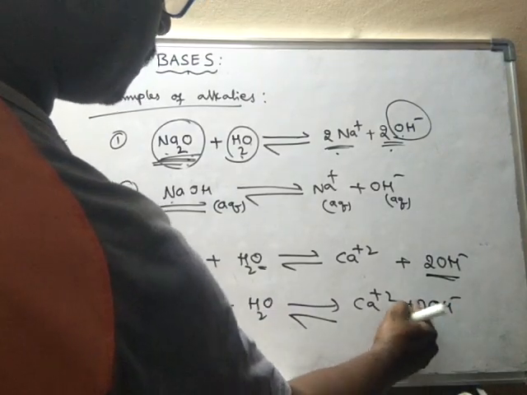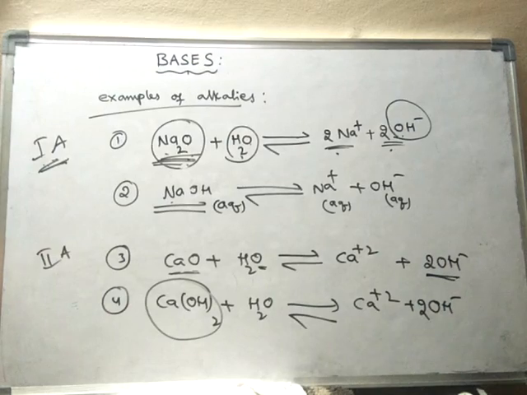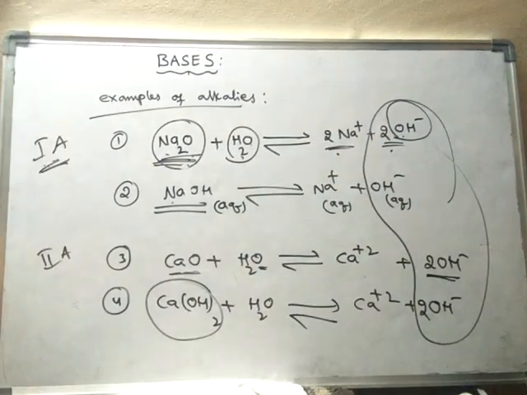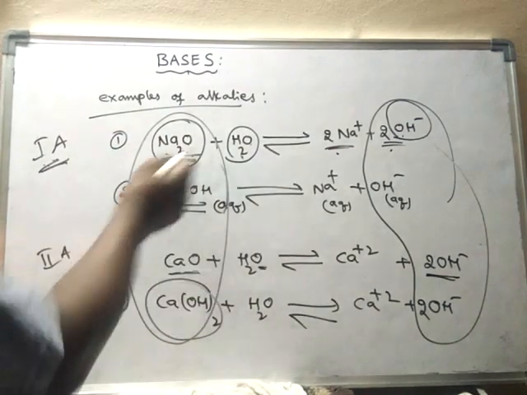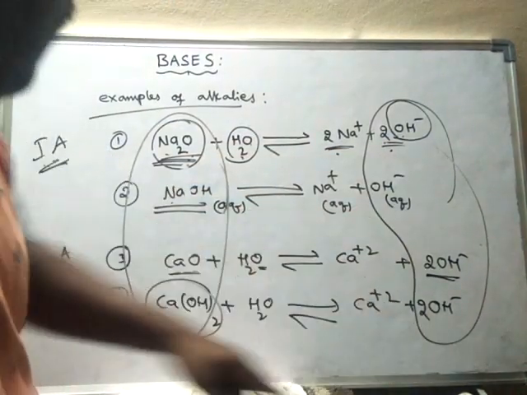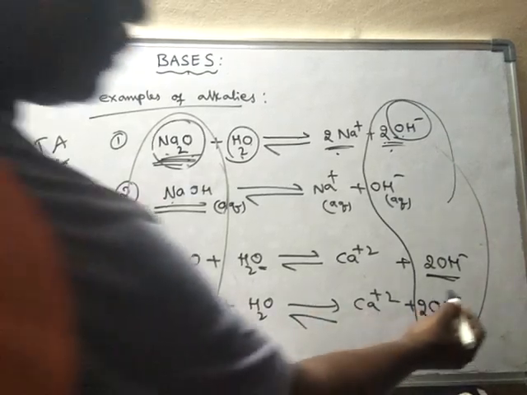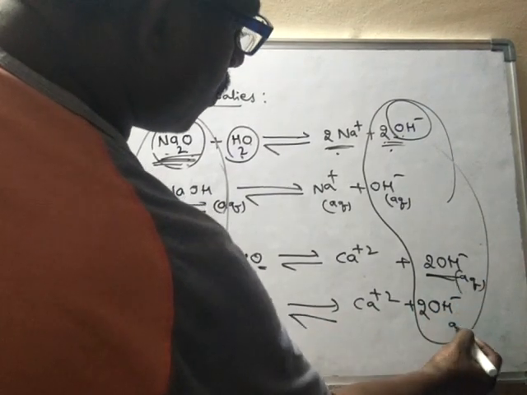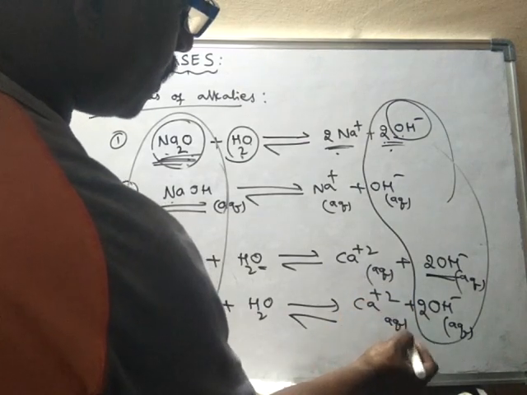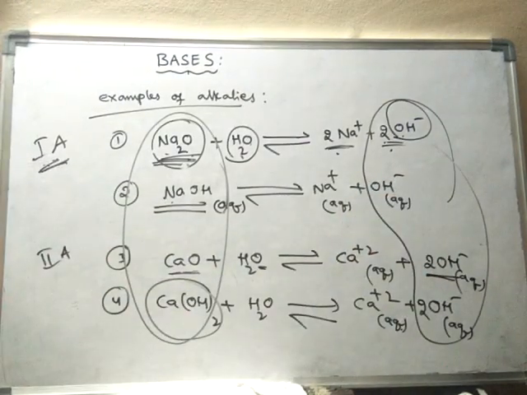So in water, OH minus ions are formed. We write aq, meaning aqueous. As these substances form OH minus ions in water, they are said to be alkalis.